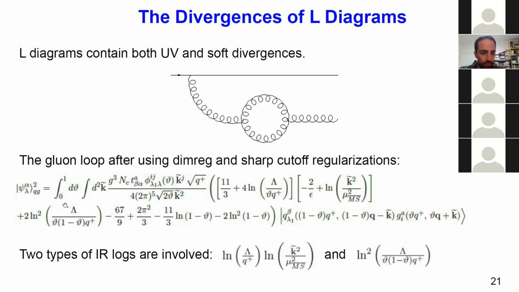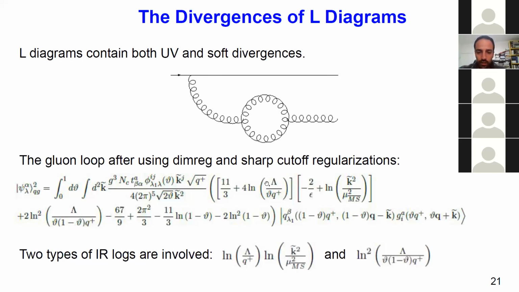This is something that we want to take to 0, but as you can see, if you just take lambda to 0, you get a divergent result. Fortunately, we managed to show in our result that all those infrared logs, all those divergences, actually cancel when you compute together all the different contributions to the process of quark going to a quark gluon.